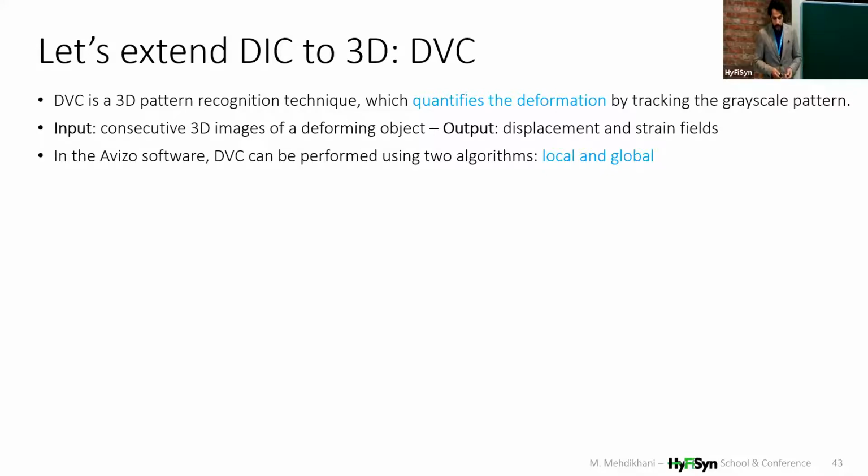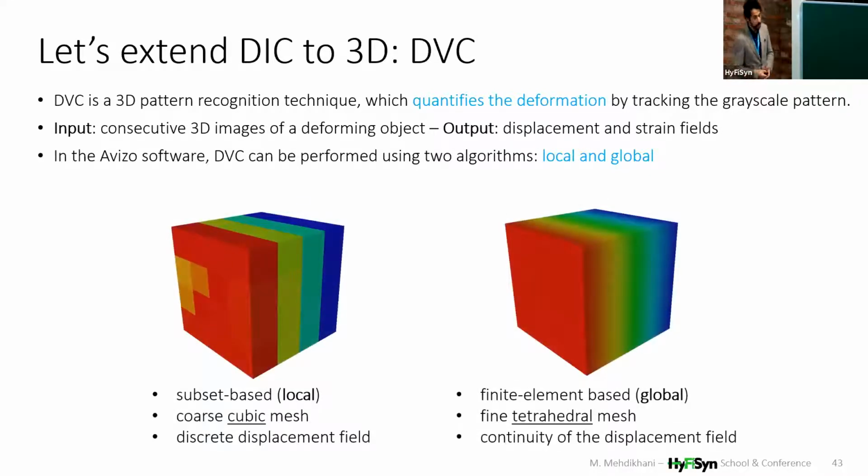We apply DVC here using Aviso software, in which DVC can be done in two different approaches, local and global. Local or subset-based is actually a coarse type of analysis, which provides displacement fields which are not continuous.